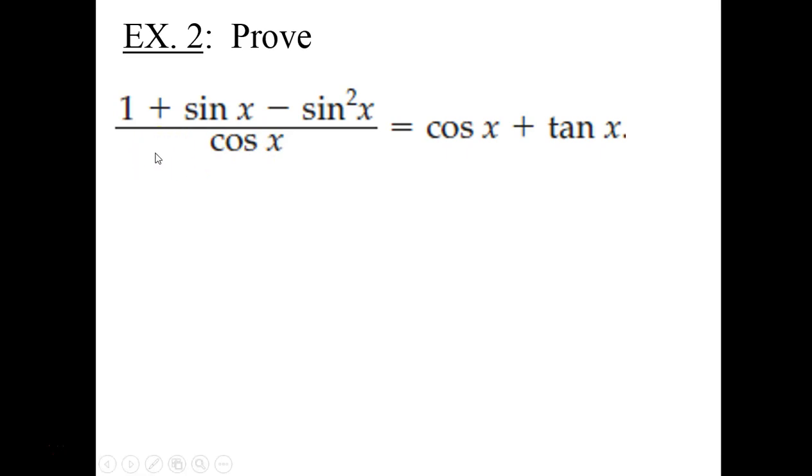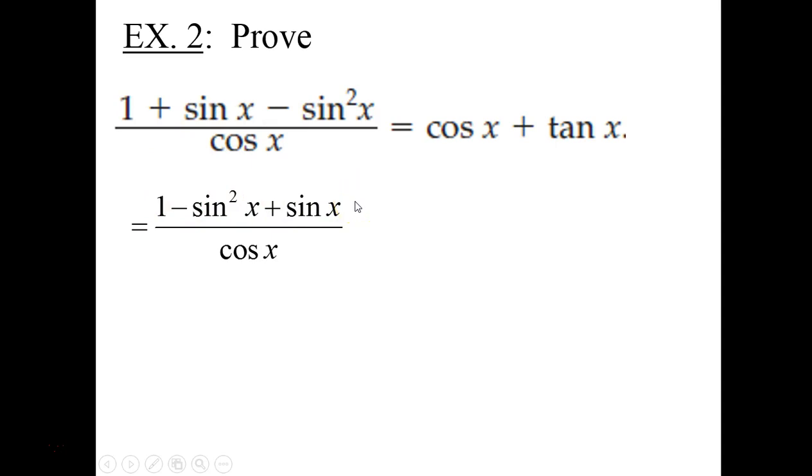First thing I'm going to do is, I see here I have a 1 plus a sine minus a sine squared. I know that 1 minus sine squared is a Pythagorean identity, so I'm going to change the order of these. Instead of adding a sine and subtracting a sine squared, I'm going to use the commutative property of addition to say that 1 plus sine minus sine squared is really the same as 1 minus sine squared plus sine.